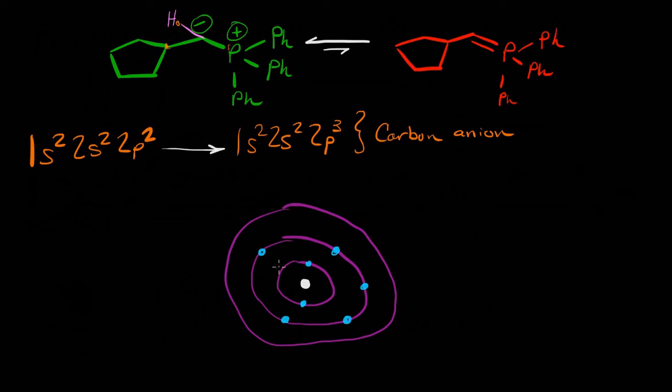This first shell right here is supposed to be circular, and I'm letting that represent my 1s2, followed by the second shell, which is our 2s2 and our 2p3 that I'm representing right here.